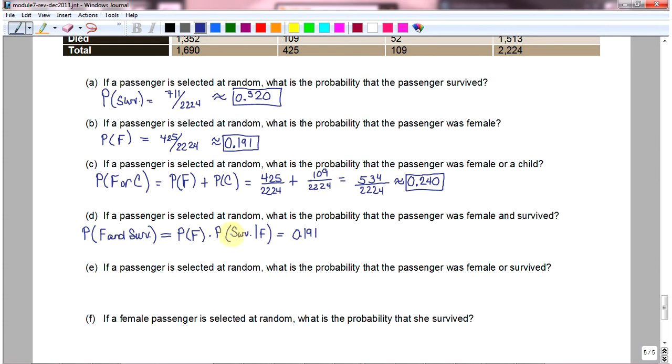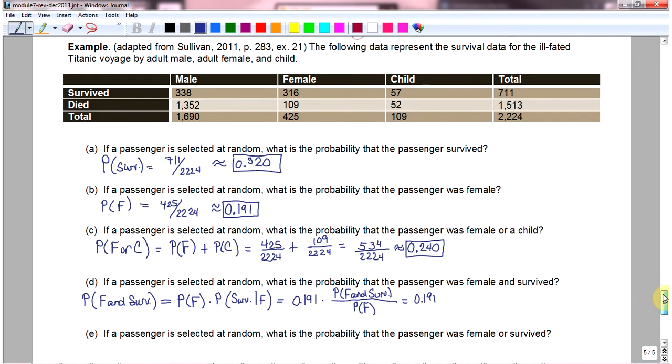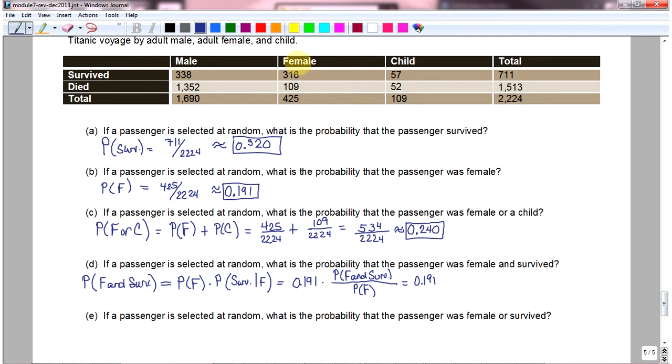Well, the probability that the passenger survived given female, we need to use our formula that we learned in this lesson. So we need to find the probability that the passenger was female and survived divided by the probability that the passenger was female. So we keep our 0.191. Okay, so what is the probability that we had a female survivor?